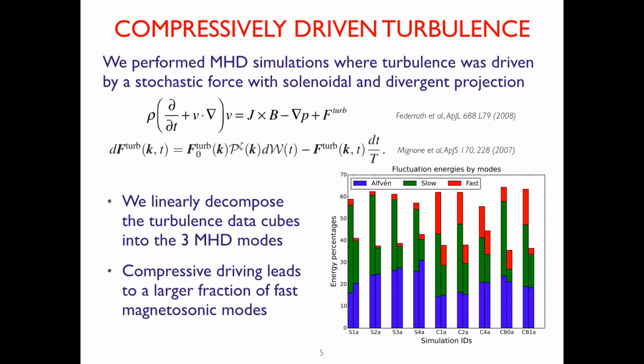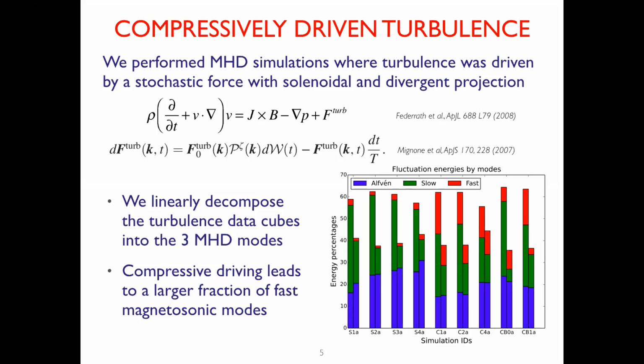After doing the simulations, we decomposed the data into the three MHD modes, and we looked at the energy distribution in these three modes. So the figure on the right bottom shows the three modes in three colors. Blue is alpha, green is slow, and red is fast. The simulations on the left are solenoidally driven. The simulations on the right-hand side are compressively driven.